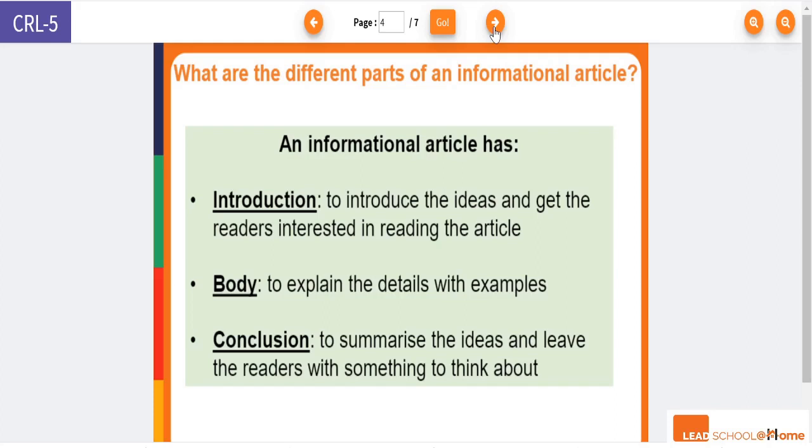It makes the reader want to think as to what would happen next, or think about a different scenario or the same scenario in his or her own life, right? So we must always conclude the article with something that will make the readers think.